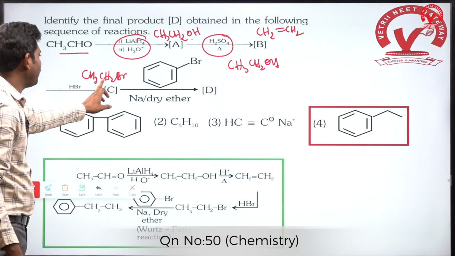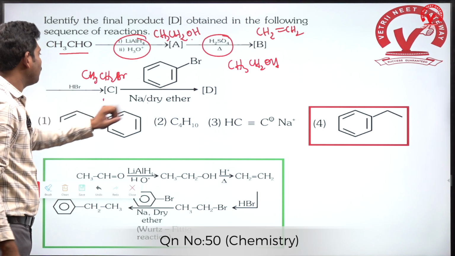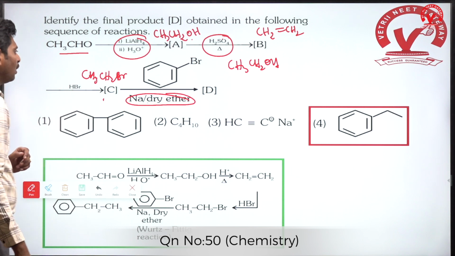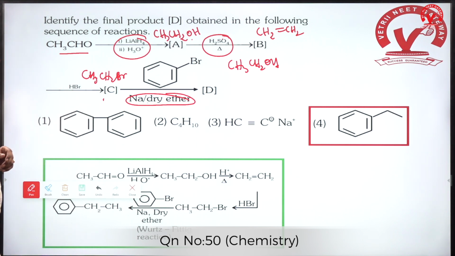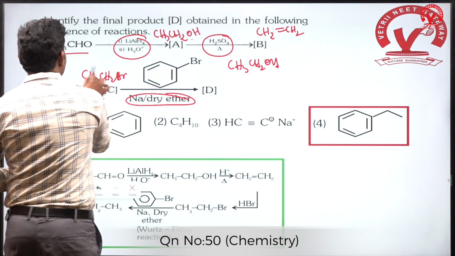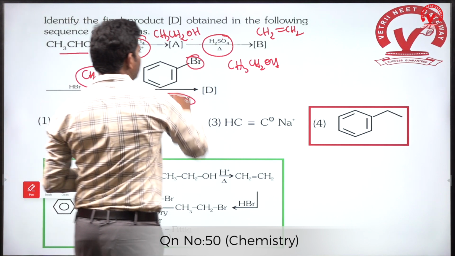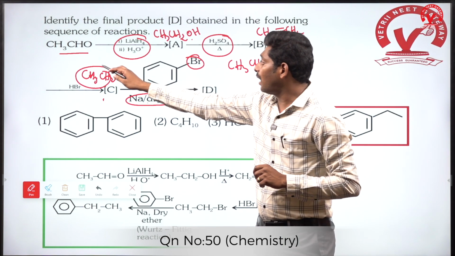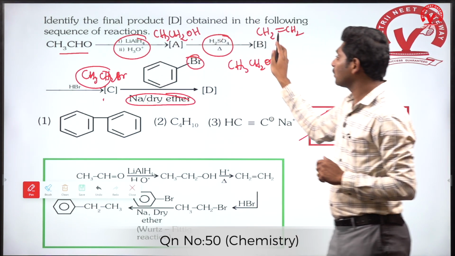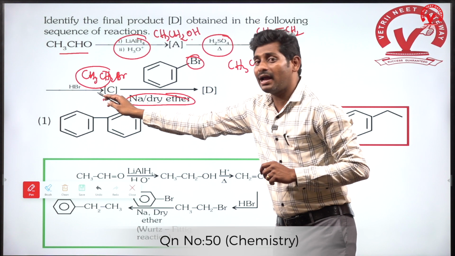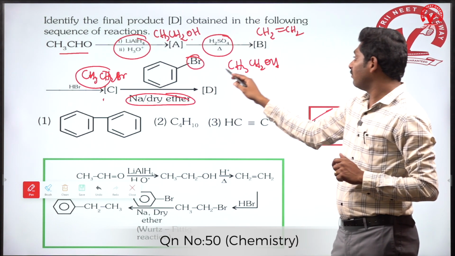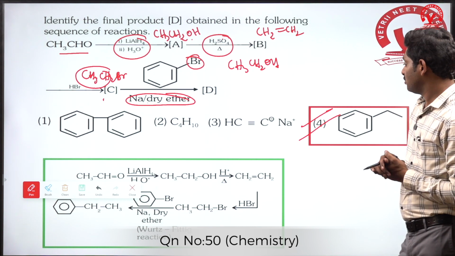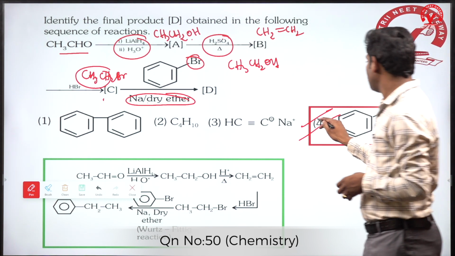This alkyl bromide and aryl bromide in presence of sodium and ether is the Wurtz-Fittig reaction. So CH3CH2 will attack in this place, and the fourth one is the option. First aldehyde to alcohol, alcohol to alkene, alkene to alkyl halide, then the Wurtz-Fittig reaction. Many reactions are combined in this question. So option 4 is the answer.